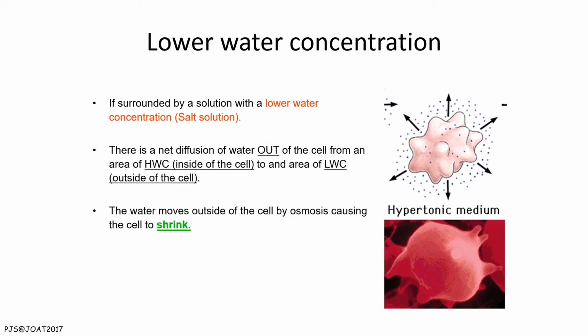So the water moves outside of the cell by osmosis, causing the cell to shrink. You always want to say where the water is moving from and to. So you'd want to say that it's moving from the high water concentration inside the cell to the area of low water concentration outside of the cell by osmosis.